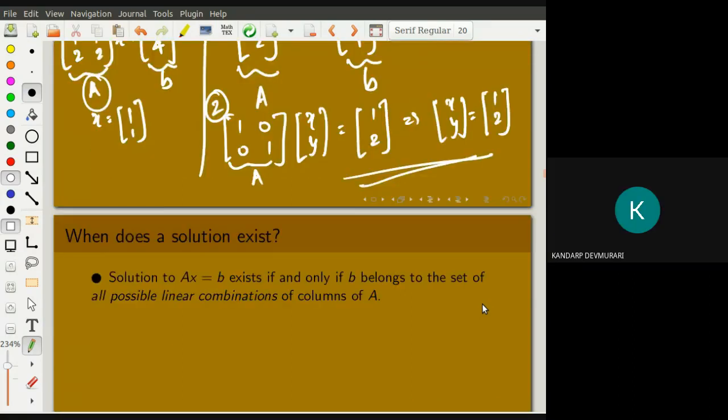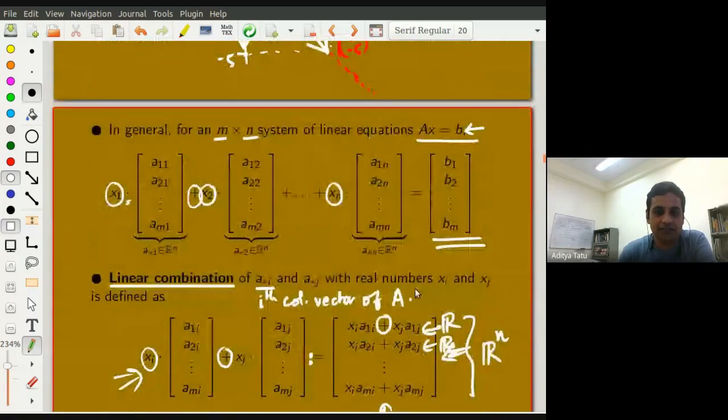Yes. See, once again, let me explain this. If I pick particular real numbers for x1, x2 to xn, I'm going to get one linear combination of columns of A, right? Yes, sir. If that linear combination is not equal to B, then that choice of x1 to xn is not a solution. But there is no constraint put on x1, x2 to xn apart from that they should be real numbers.